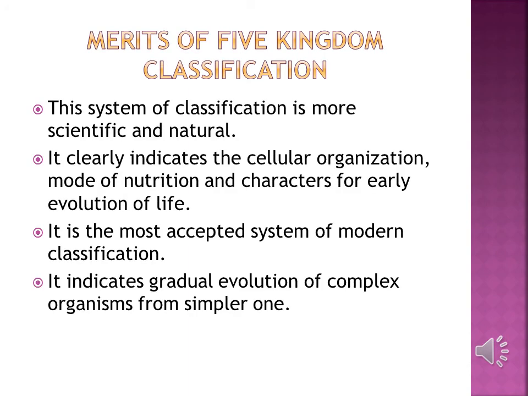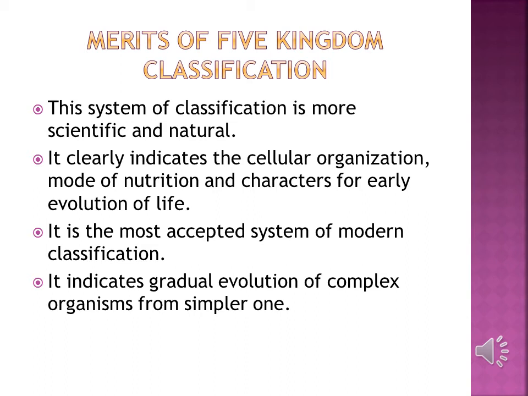Now let's see the next topic, which is the merits of 5 kingdom classification. Unicellular and multicellular organisms are kept separate. Fungi are placed in a separate kingdom as their mode of nutrition differs from all other plants.